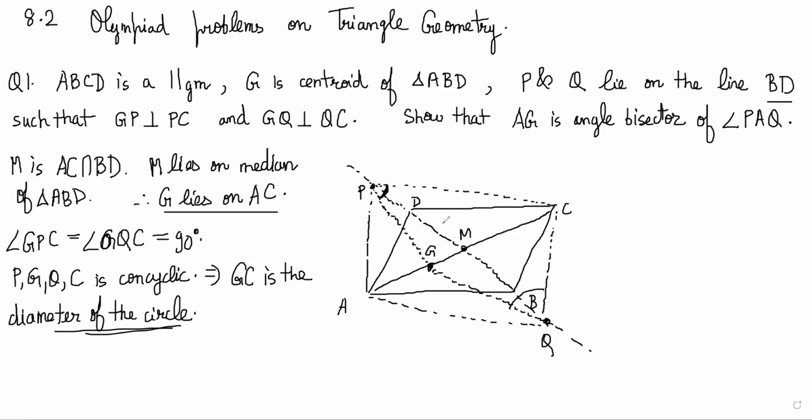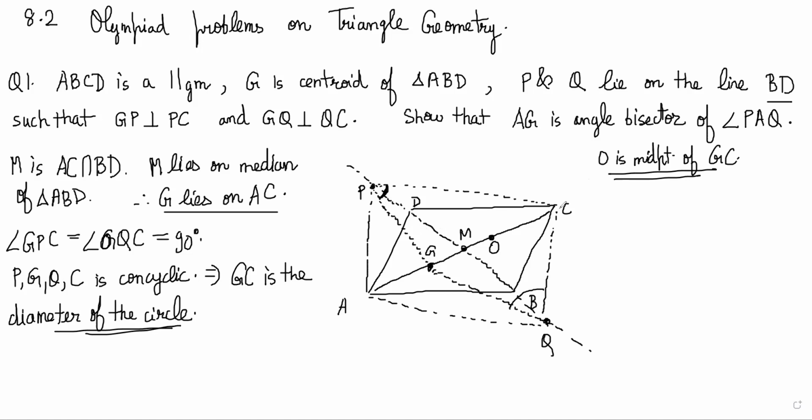If GC is the diameter of that circle, the center of that circle would be the midpoint of GC. So let's label it as O, and O is the midpoint of GC and the center of the circle.